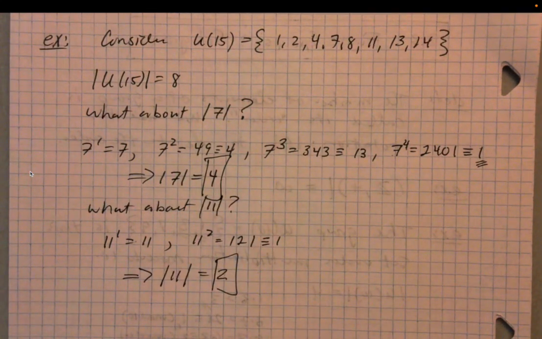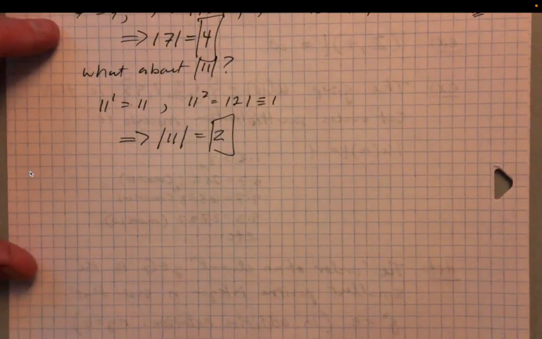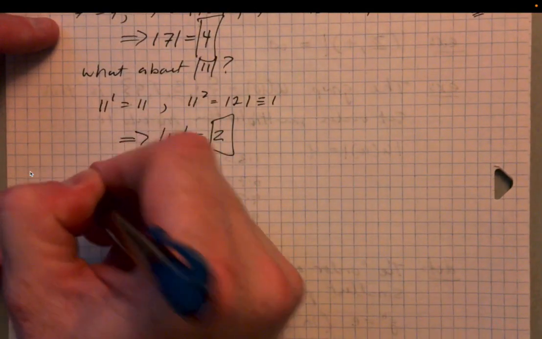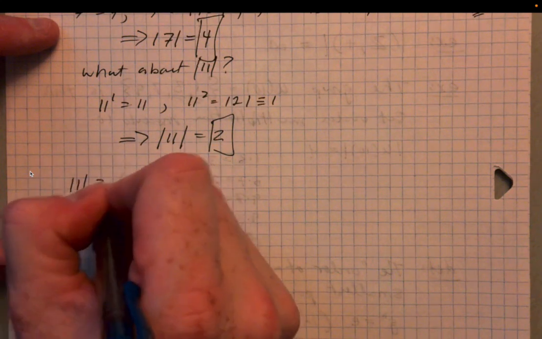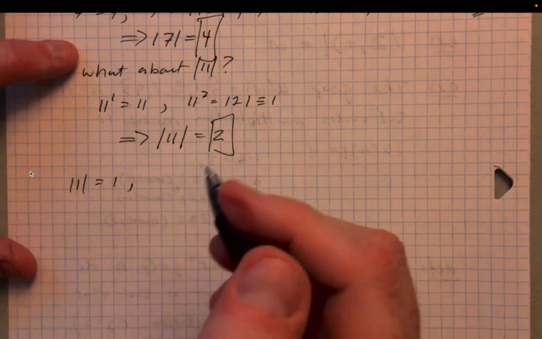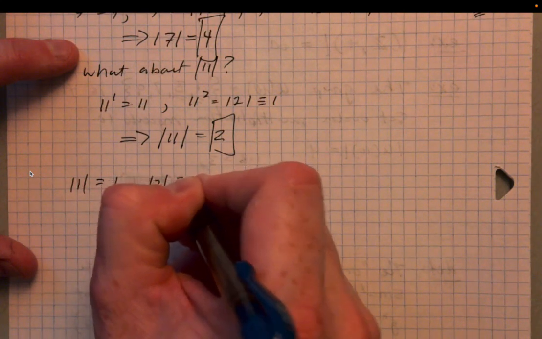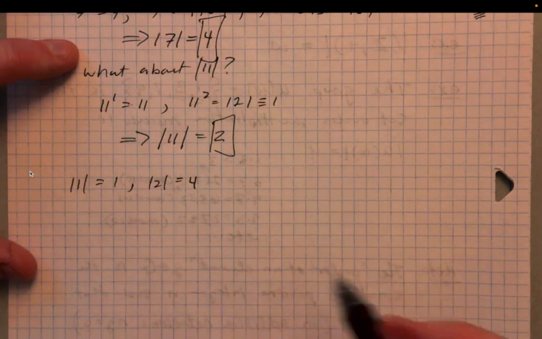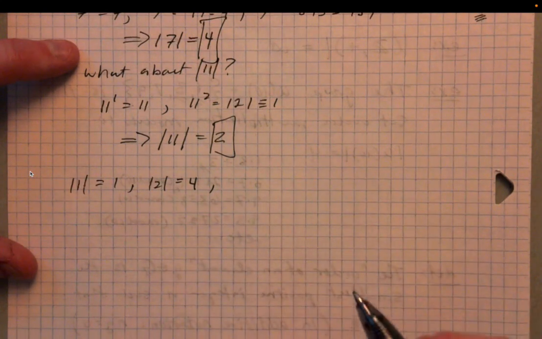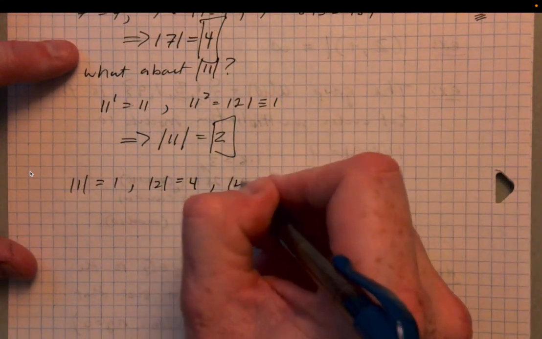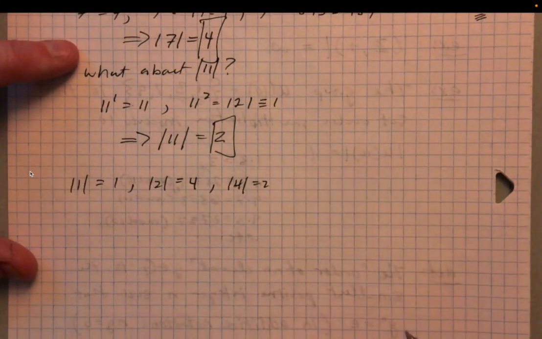Okay. Now you could go through this, and I'll list out some of the other values for you, and you can take a look and see if you can confirm this. So the order of 1 in this group is 1. I think that's probably the case most of the time for these, right? The order of 2 is 4, and so that means 2 to the 4th is 1 in this group. The order of 4 is 2.